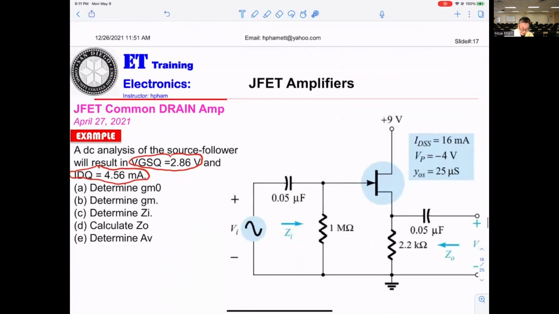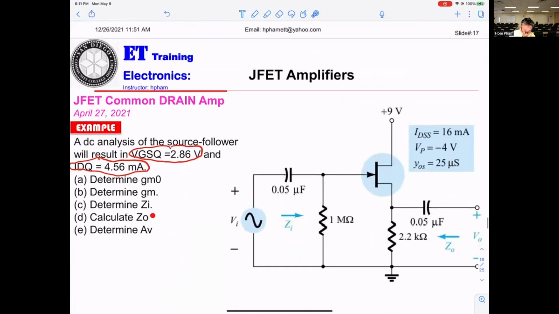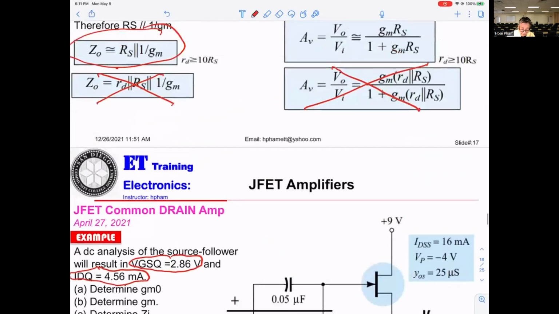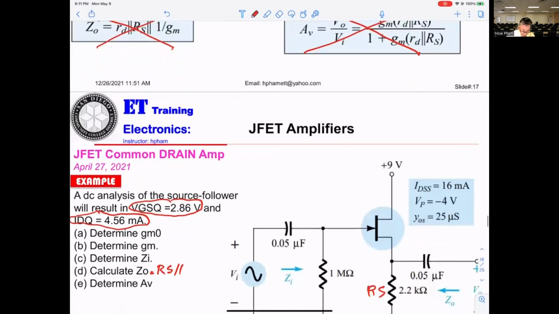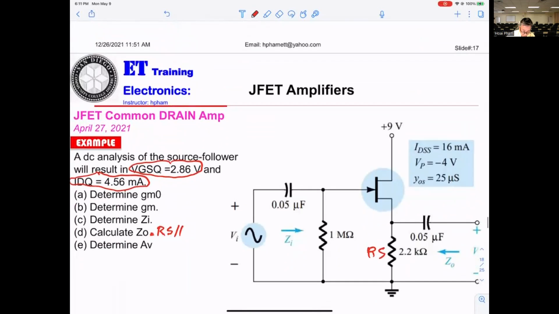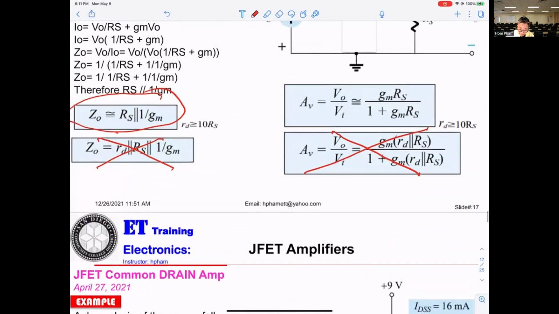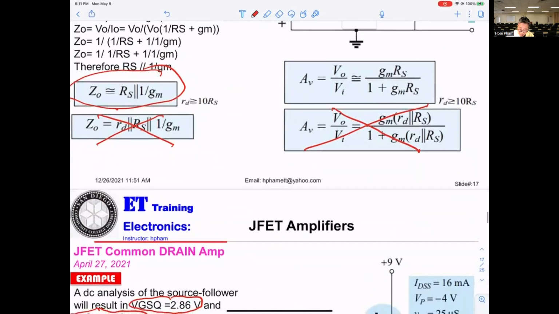So output impedance will be equal RS parallel with 1 over GM. And they want the gain, okay, will be GM times RS.